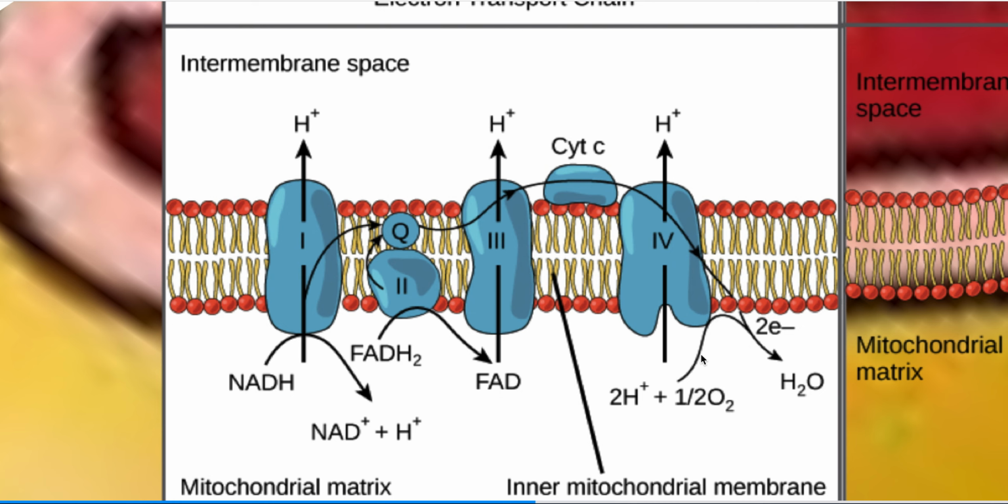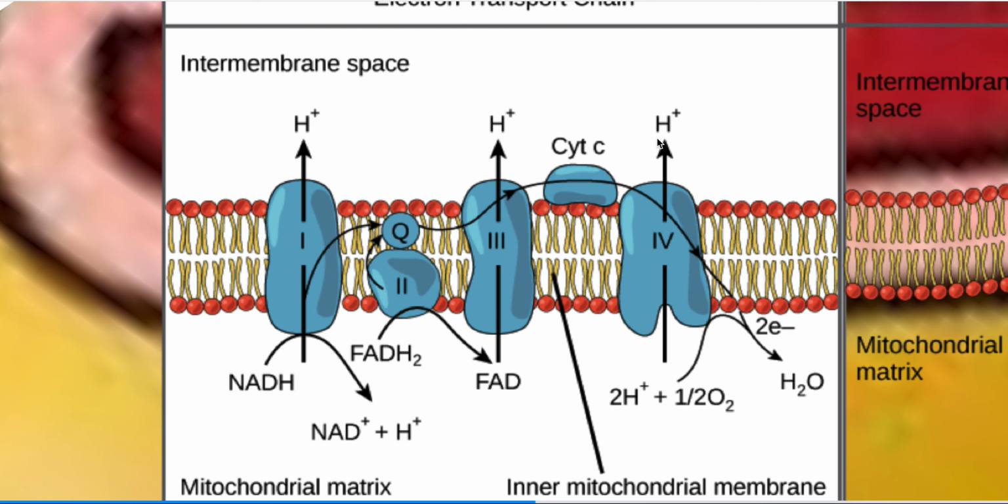The other piece, remember, we harvested electrons on FADH2. FADH2 holds those electrons a little more tightly than NADH, and it can't dump those electrons off into complex 1. So it actually dumps its electrons into complex 2. The electrons go into quinone. Quinone passes them off to complex 3, and complex 3 pumps a hydrogen. They get passed off to cytochrome C, which passes them off to complex 4.